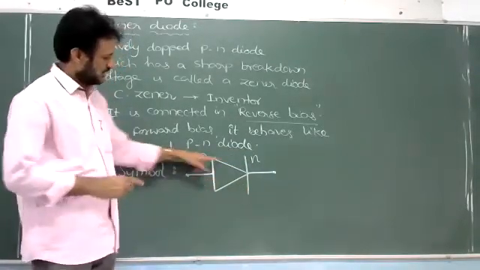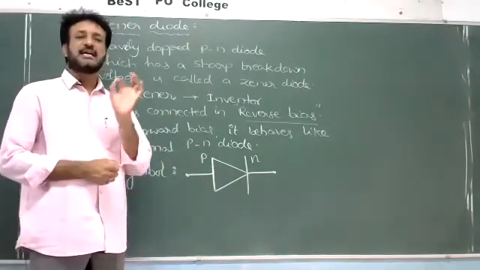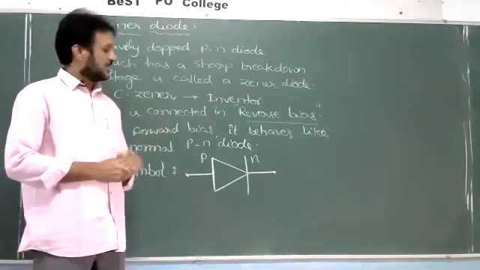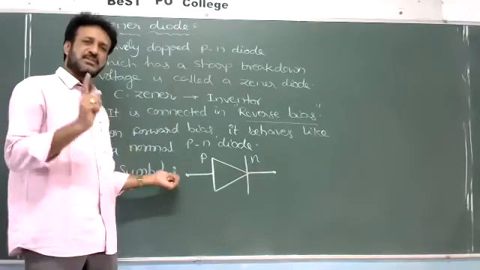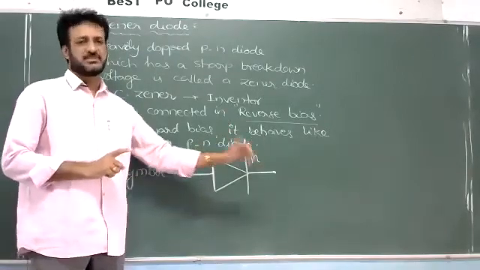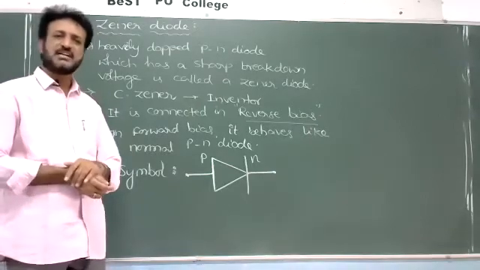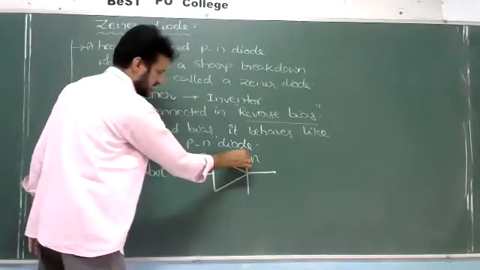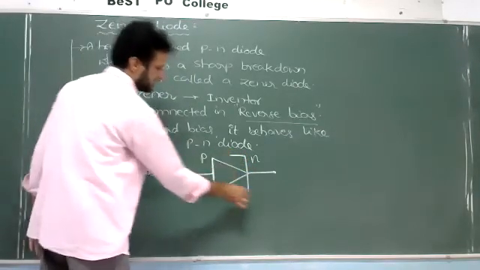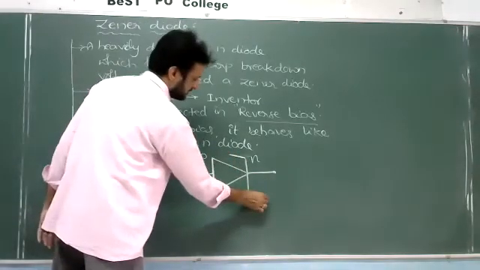So this total will appear like an arrow mark. The arrow mark always indicates the direction of conventional current. But electrons flow from lower to higher potential, and positive charges flow from higher to lower potential. So that is the direction. But what is the difference between the normal diode and the Zener diode? Except for this bar line, I am just making a simple modification: give it a Z shape like this.